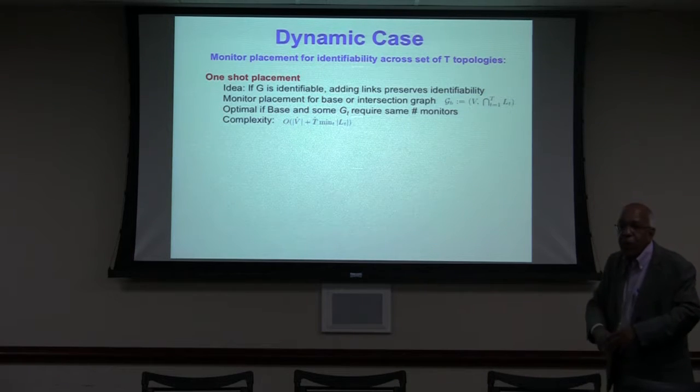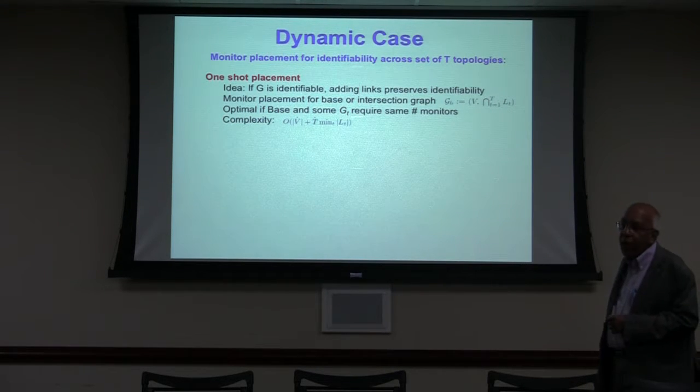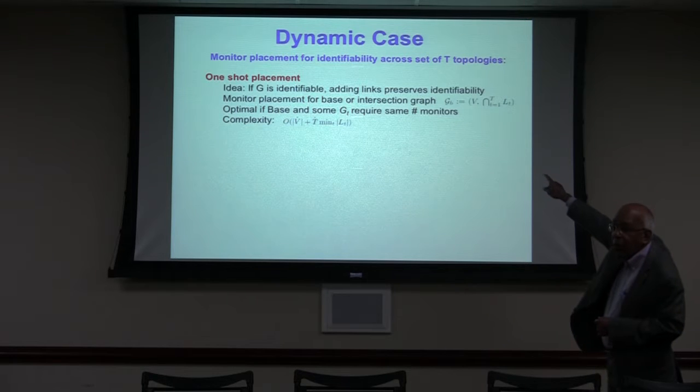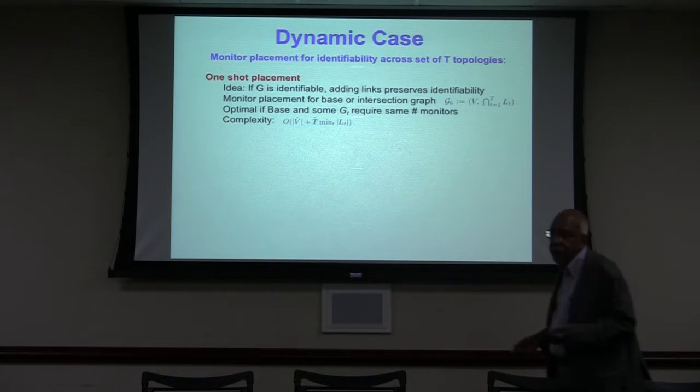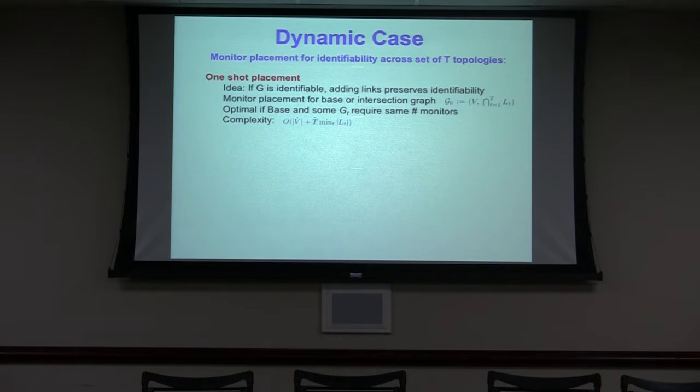If there are disconnected components, you do monitor placement for each component. If you isolate a node, that must be a monitor. And then it's easy to see that that placement will be adequate for the entire set of T topologies. And of course, if one of those T topologies requires the same number of monitors as the base, then this is optimal. You cannot do it with fewer.